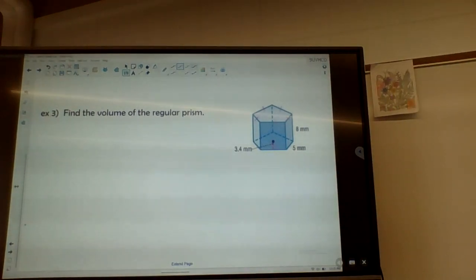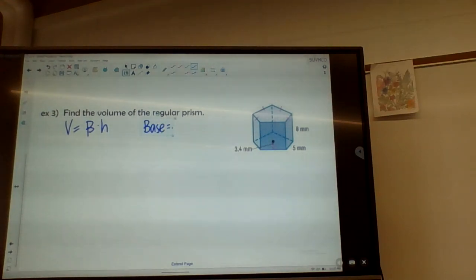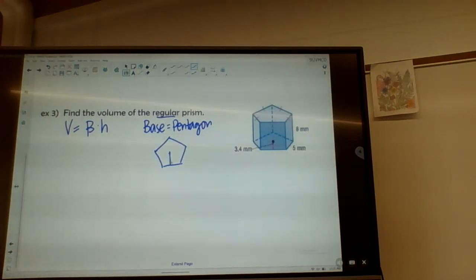So this is an example where the area of our base is a little bit more complicated. The base is a pentagon. But they tell us it's a regular pentagon, even though it doesn't exactly look like it's all equal. They're telling us it is, so we have to trust that. They're giving us 3.4, and then they're giving us a side length.